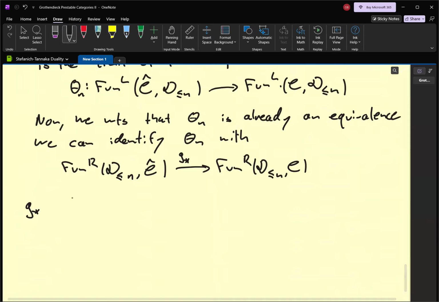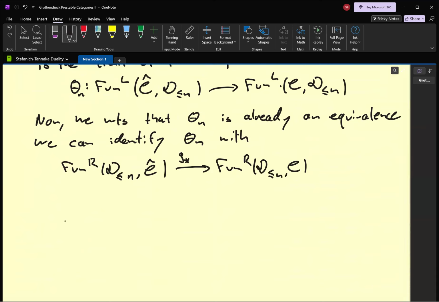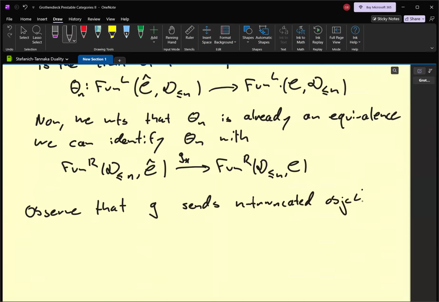So what do you observe? You observe, by this usual game about preserving pullbacks, that G sends n-truncated objects to n-truncated objects, as it's a right adjoint.